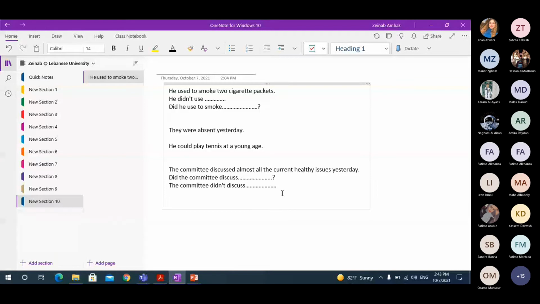It's very important, especially with past continuous and past simple, to understand the meaning. For example, I was chopping the onions, comma, I cut my finger. Can I say I was cutting my finger? Logically, with the simple past and the past progressive we have to depend on logic.